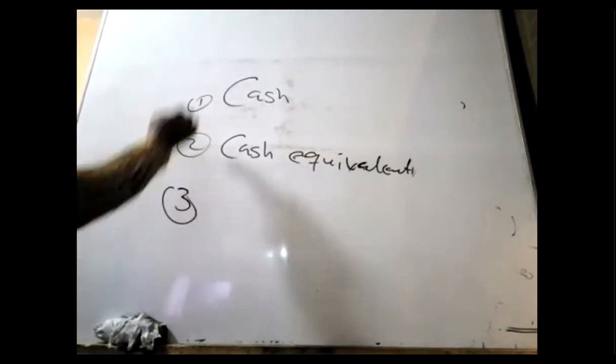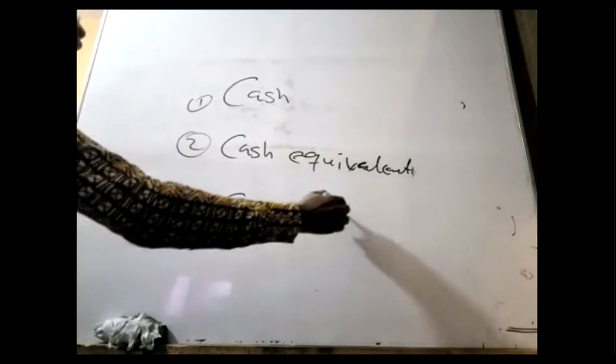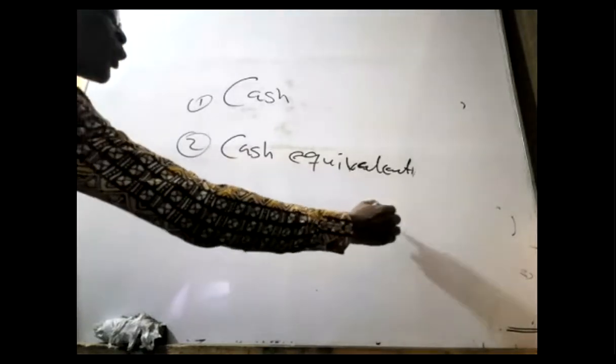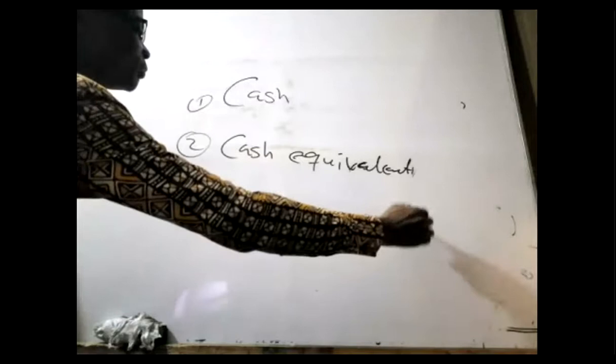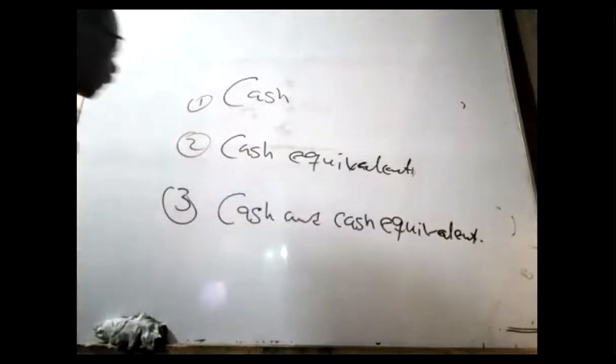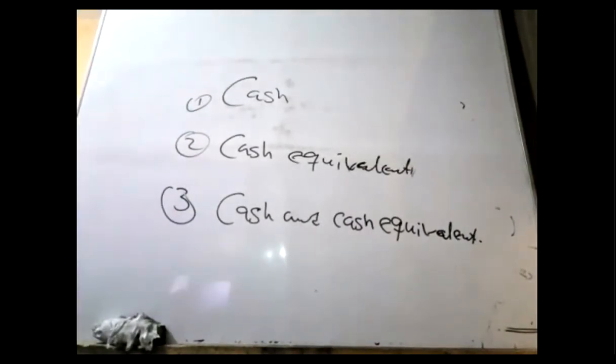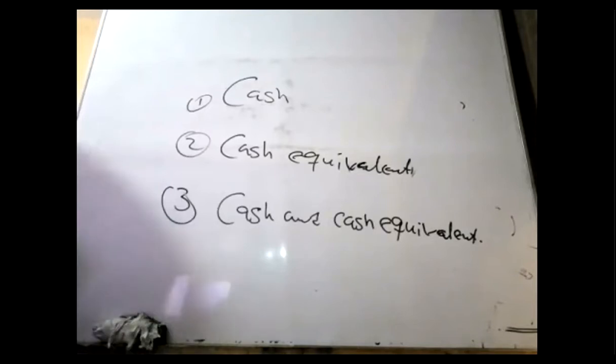And number 3, if I combine them, I'll get cash and cash equivalents. Wow, that's very interesting. Okay, so can you define them for me? They are the terms that I want to use very well.